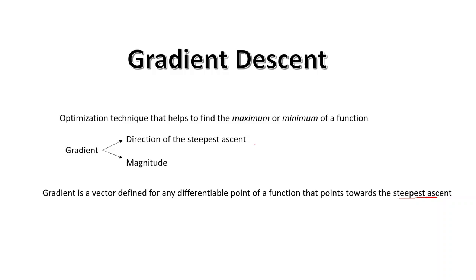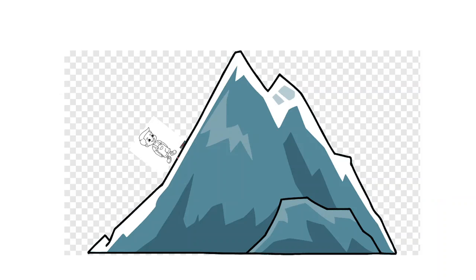So now why do we use this term descent when the gradient gives the steepest ascent? Let us understand using this diagram. Say you are standing at this point on the hill. If I draw an arrow in this direction, it will give you the position towards the highest point of the hill.